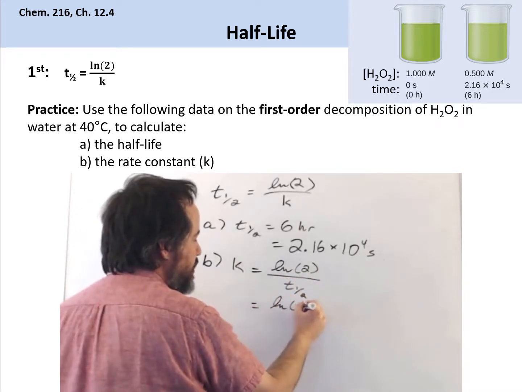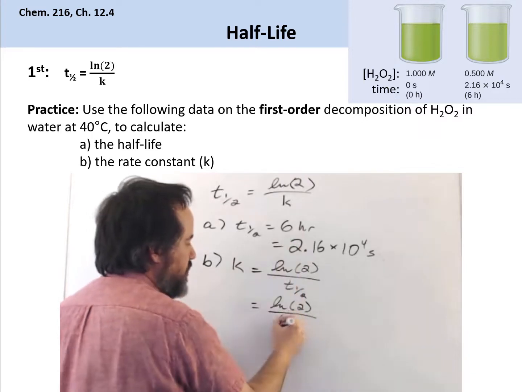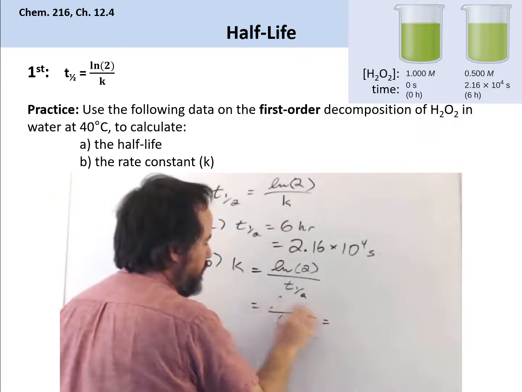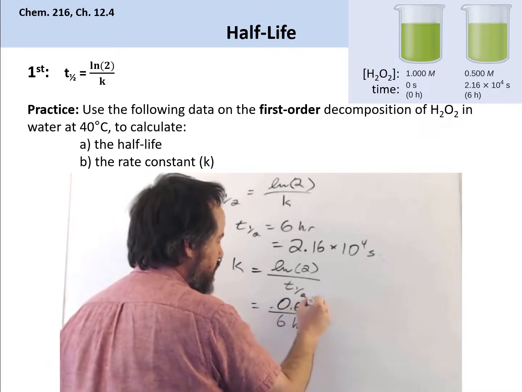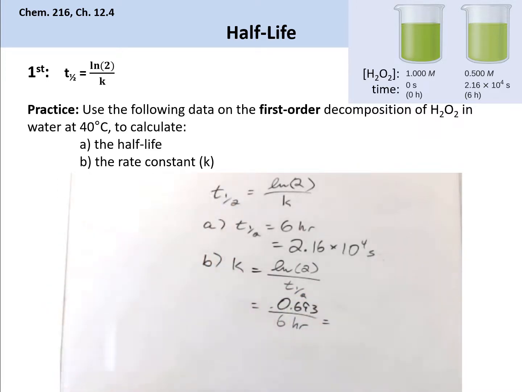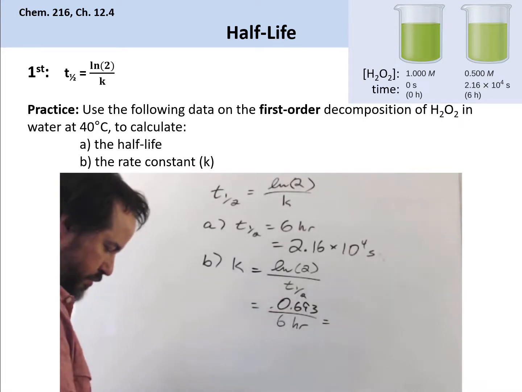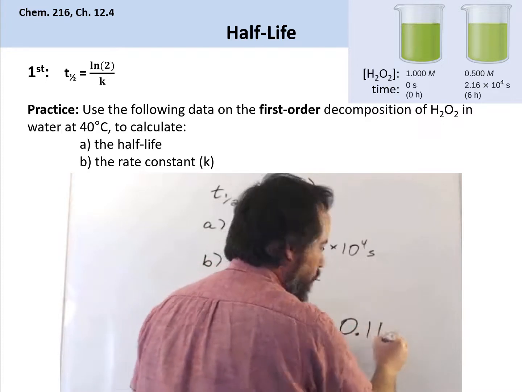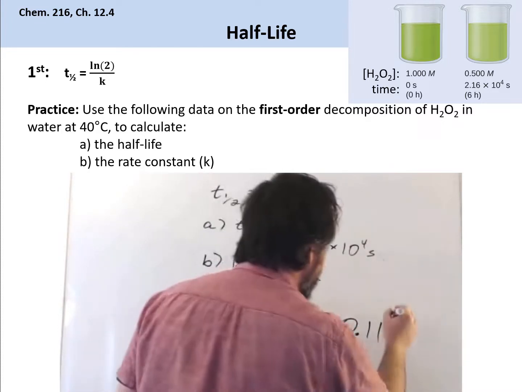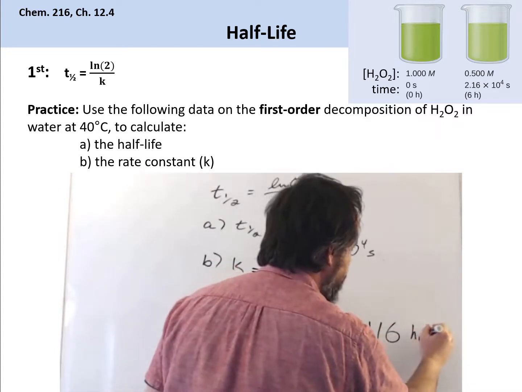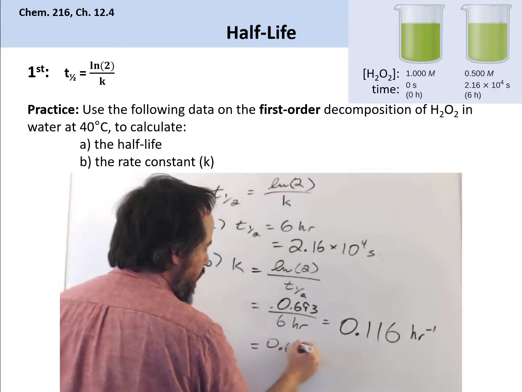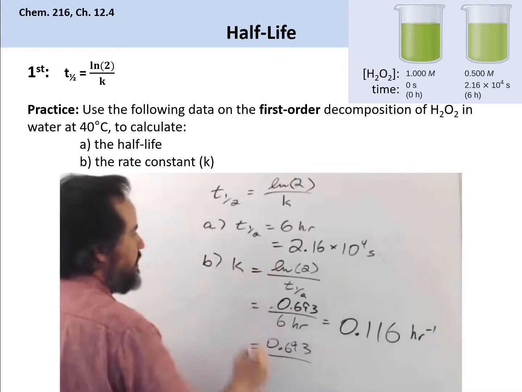So this is now ln2 over, let's use 6 hours. ln2 is 0.693. That will get me 0.11, let's go with 6 hours to the minus 1. Or I could say this in seconds.